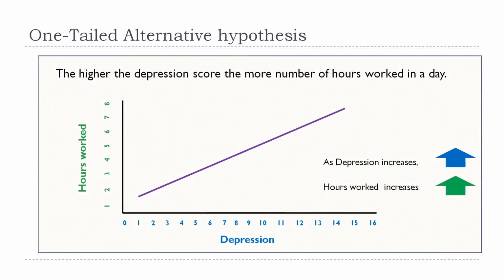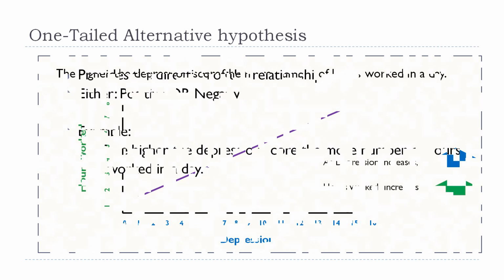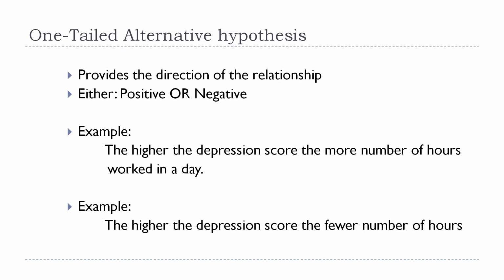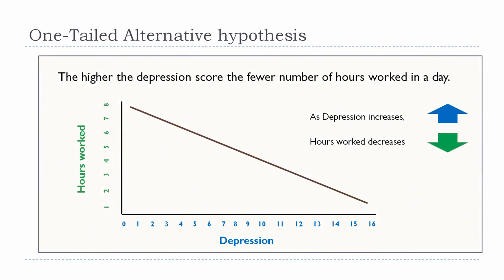Graphically, is that a word? This is what it would look like. As depression score increases, the average hours worked per day increases. Or it could be a negative relationship. The higher the depression score, the fewer the number of hours worked in a day. So it would look like this.